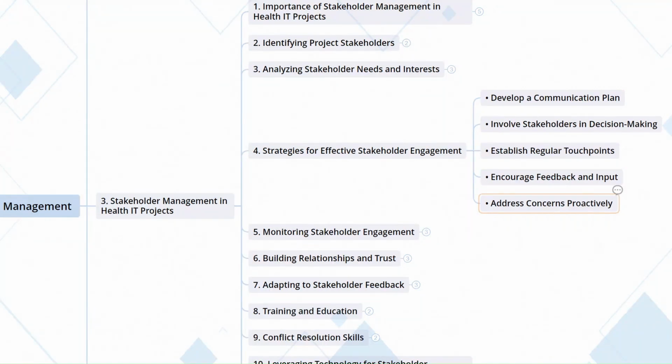Next, addressing concerns proactively. When stakeholders express concerns or challenges, addressing these issues promptly demonstrates responsiveness and commitment to collaborative problem solving.